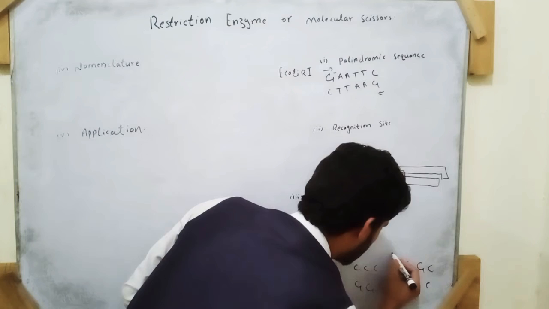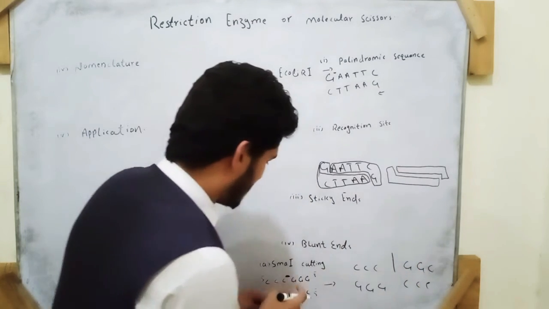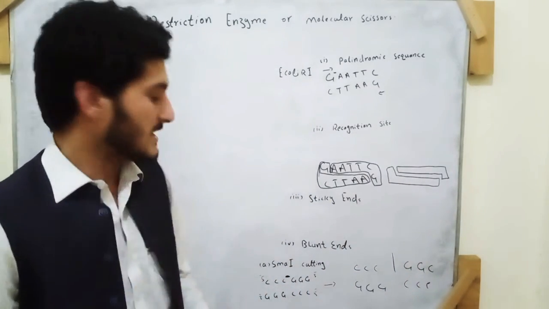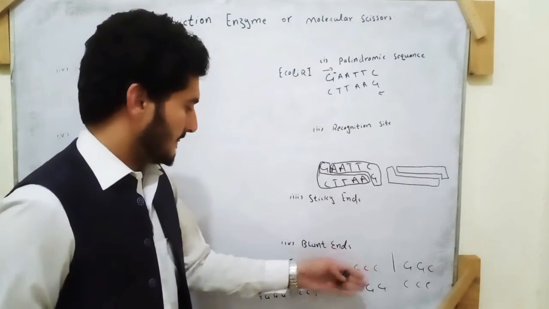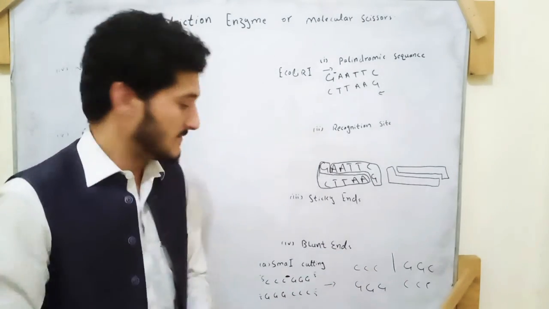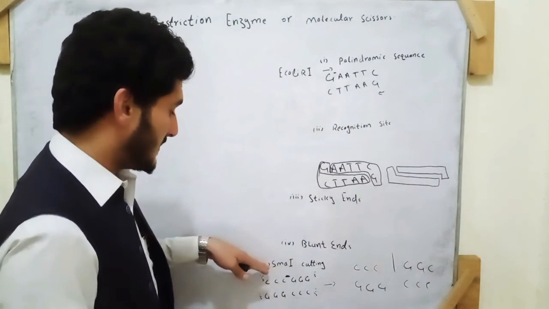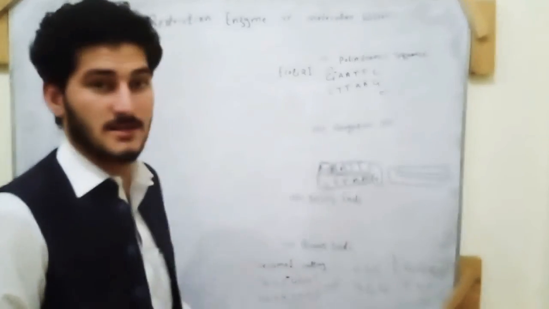Here they cut at the center, so two types of ends are prepared by the SmaI restriction enzyme.